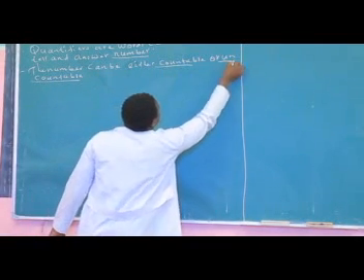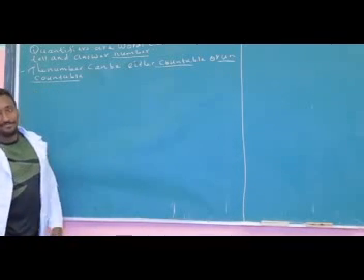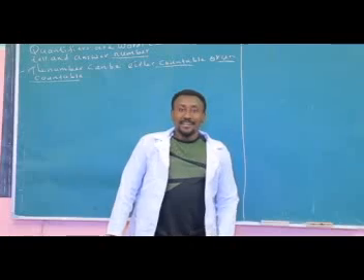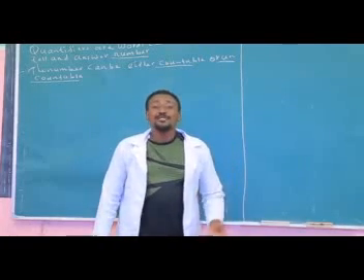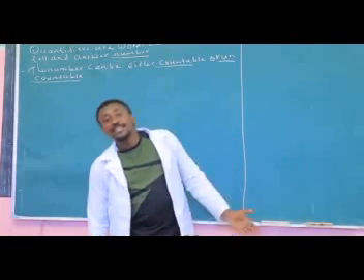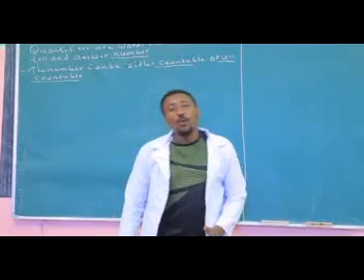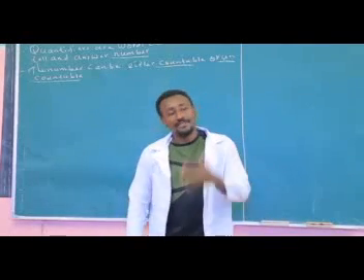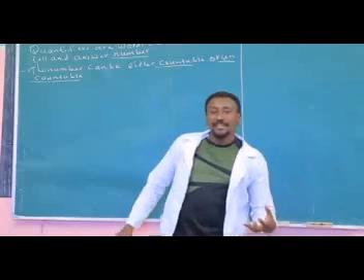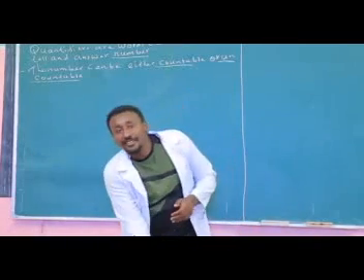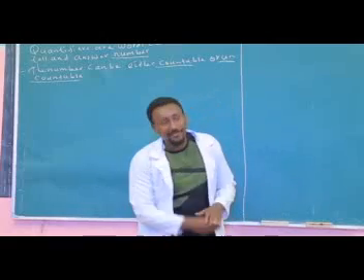This is countable and uncountable. Now we are dealing with quantifiers. At the beginning we said quantifiers are words that are used to tell and answer how much or how many. That's number. When you say number, these numbers can be either countable or uncountable.